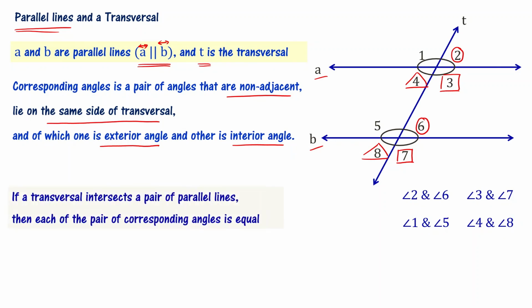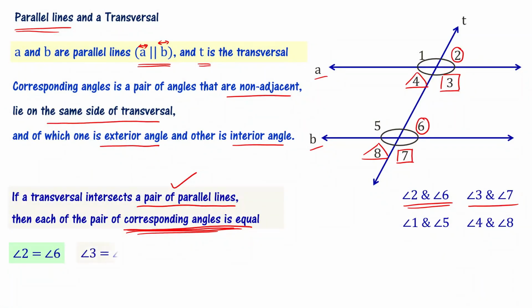Now you remember this: if a transversal intersects a pair of parallel lines, then each of the pair of corresponding angles is equal. మనకి ఒక ట్రాన్స్వర్సల్ కనుక ఒక పెయిర్ ఆఫ్ ప్యారలల్ లైన్స్ని ఇంటర్సెక్ట్ చేస్తే కరస్పాండింగ్ యాంగిల్స్ వస్తాయి కదా, each pair of corresponding angles is equal. అంటే 2 and 6 is one pair of corresponding angles, right? అంటే angle 2 is equal to angle 6, angle 3 is equal to angle 7, angle 1 equal to angle 5 and angle 4 equal to angle 8.